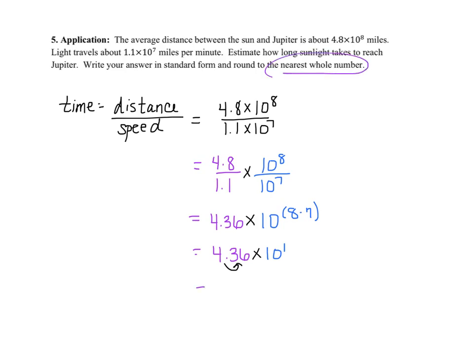So this equals 43.6. That's not your nearest whole number. Your nearest whole number would be 44. And what are we talking about here? We're talking about minutes to Jupiter. So it's 44 minutes to Jupiter.